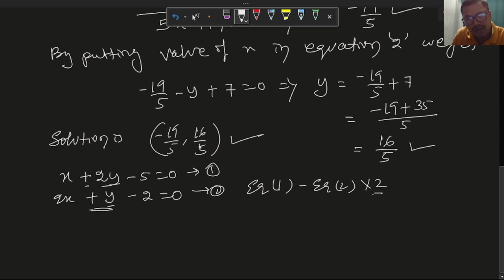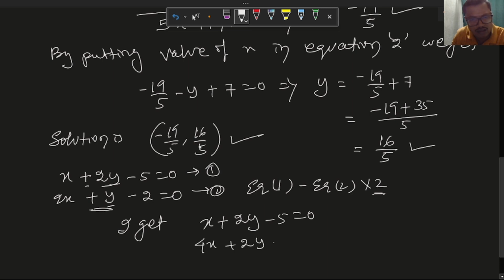So I multiplied by 2. Clear? So I get x + 2y - 5 = 0 and 4x + 2y - 4 = 0.